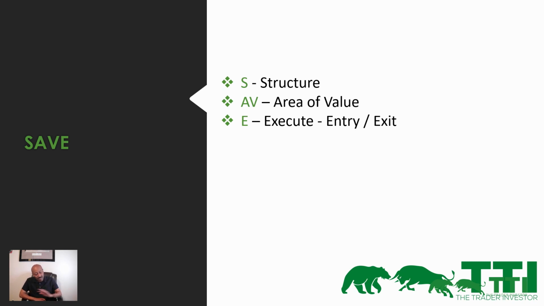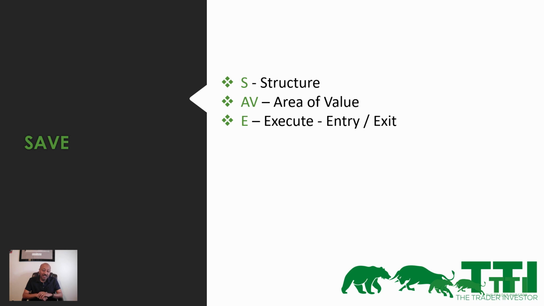So everything hinges on this anchor: understanding what the structure is, understanding where the area of value is, to have a very precise execution. Once we understand demand zone, order block, supply zone, then we can have tighter stops, we can have better accuracy, we can enter the market with more confidence.